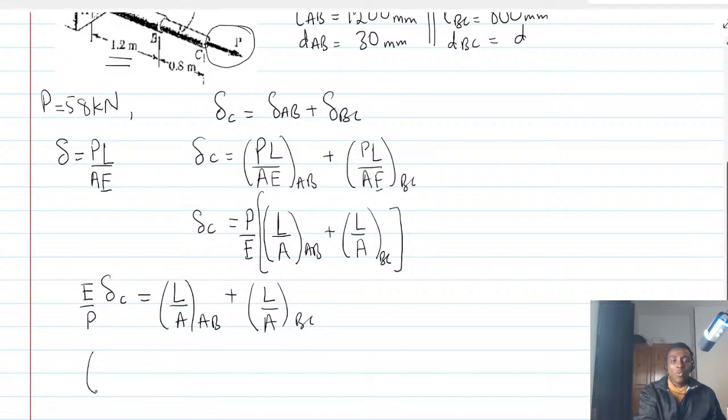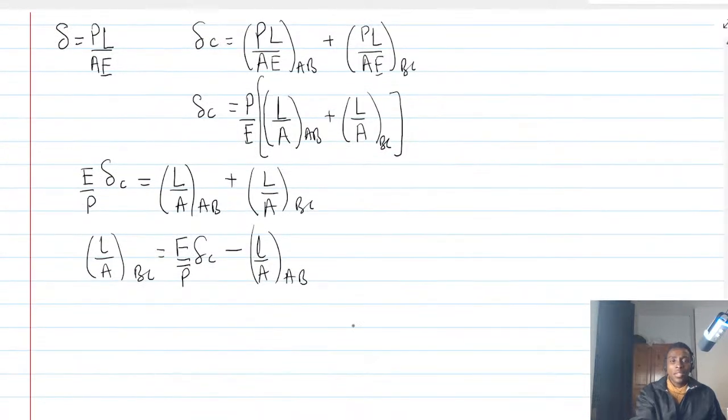But since we want BC, let's make BC the subject. It's going to be E over P delta C minus L over A for AB.